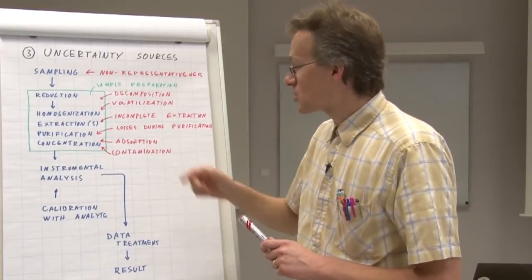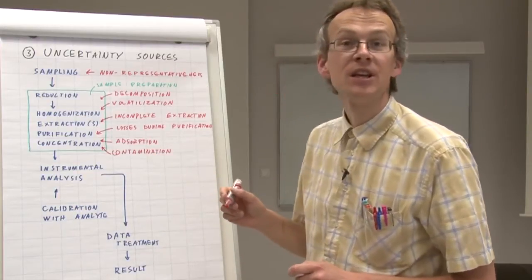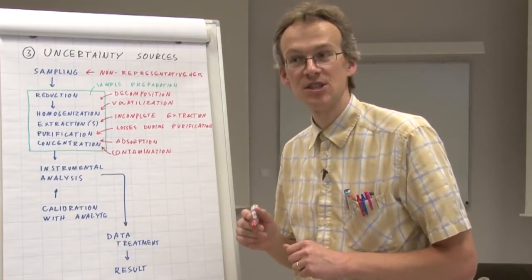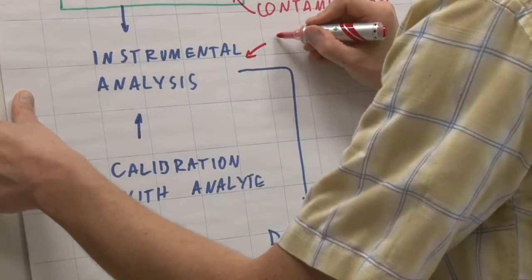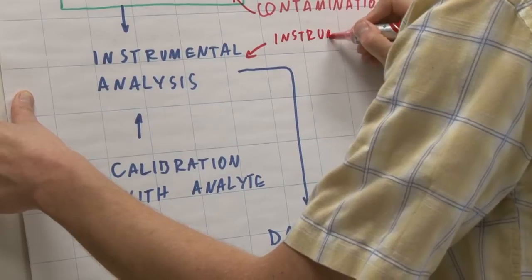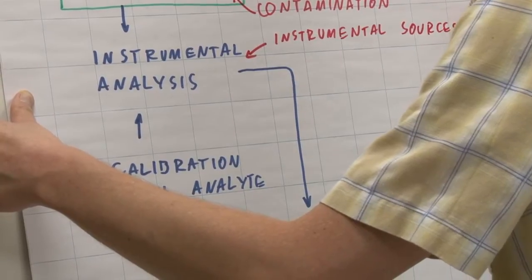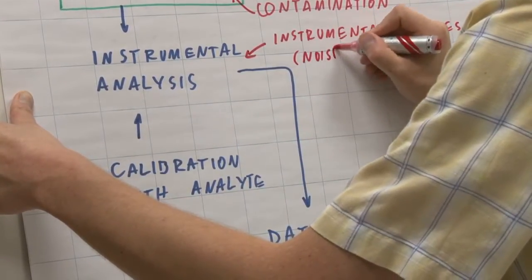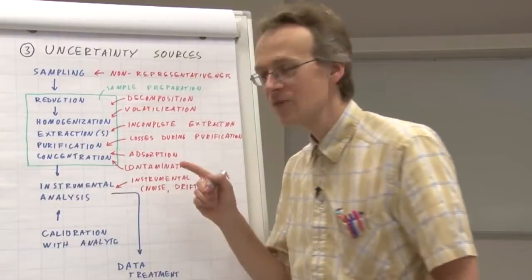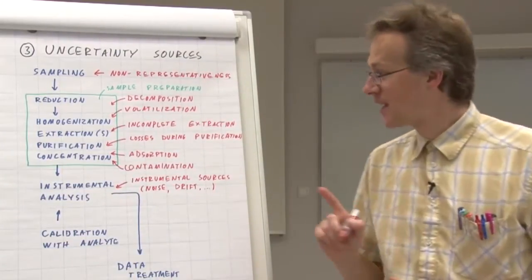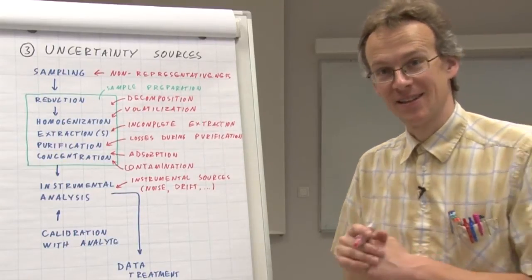Now, let's look further. In this instrumental analysis part, we have different instrument-related uncertainty sources, such as instrument noise, drift, etc. But on the other hand, very importantly, in this part also there's the incomplete selectivity source.